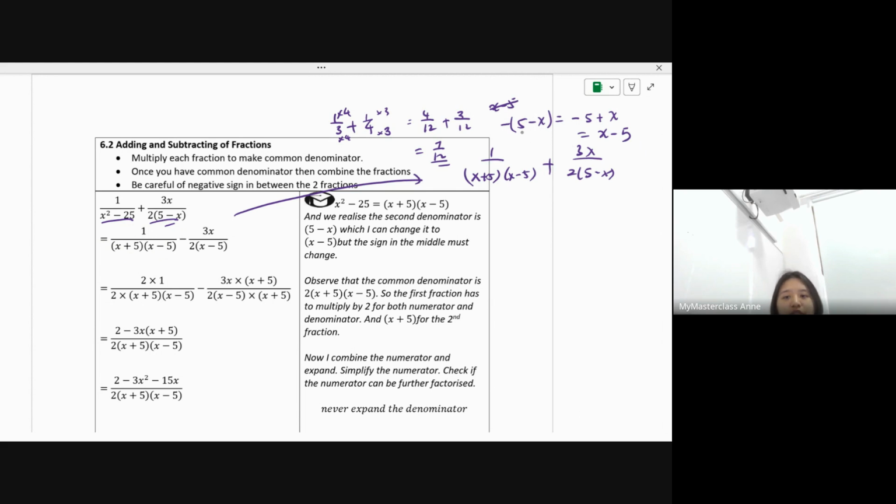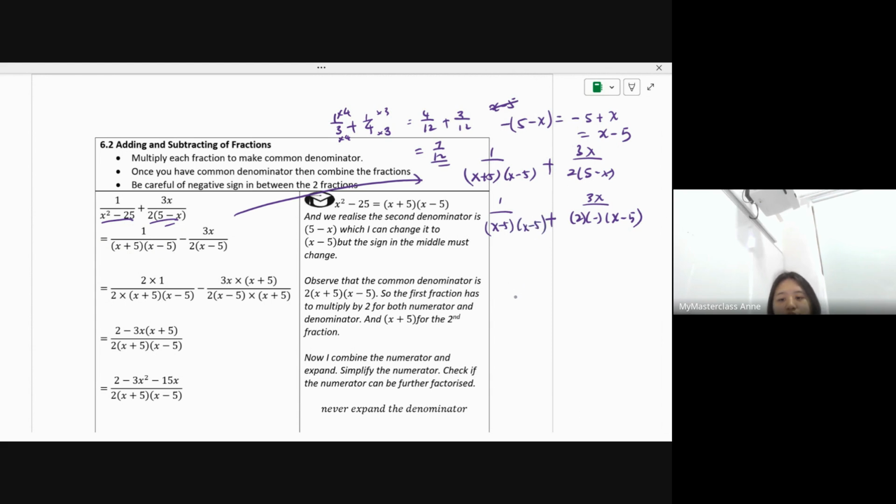So when I have 5 minus x, if I want to change it into opposite signs, I just put a negative in front. So 5 minus x, I can write as 3x over 2 times negative x minus 5. Can you see this part? Then plus 1 over x plus 5, x minus 5.